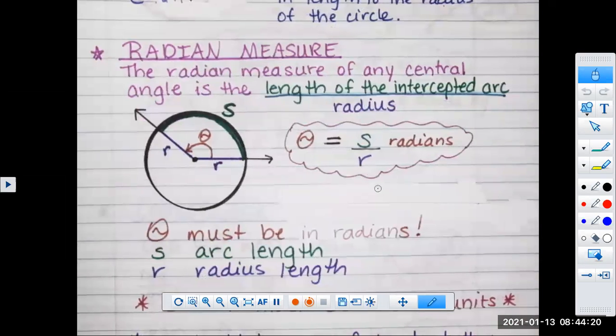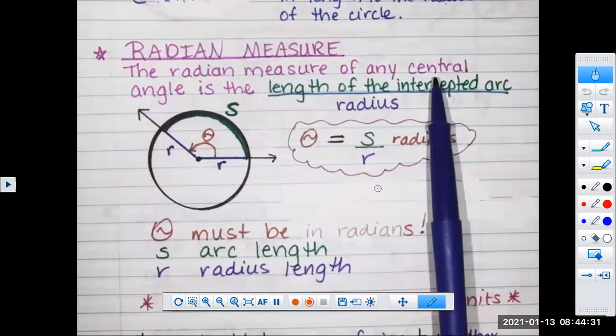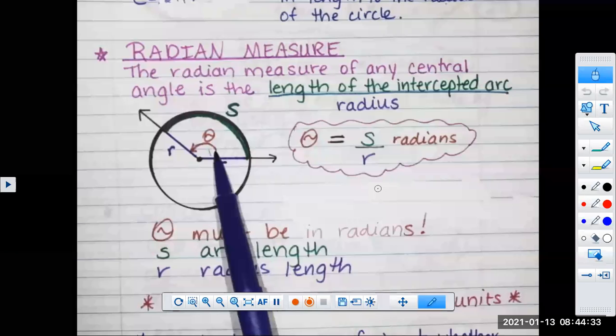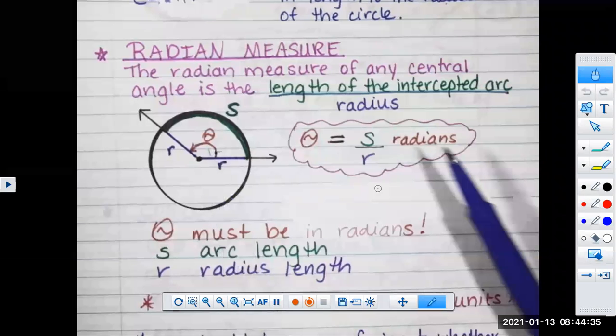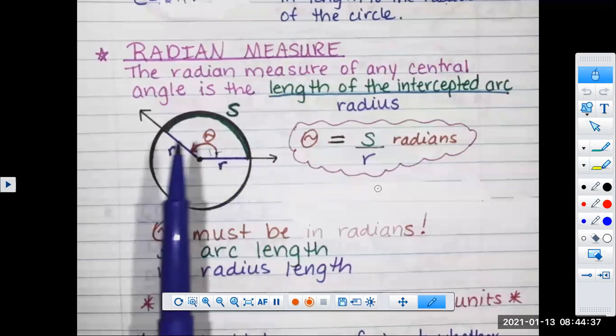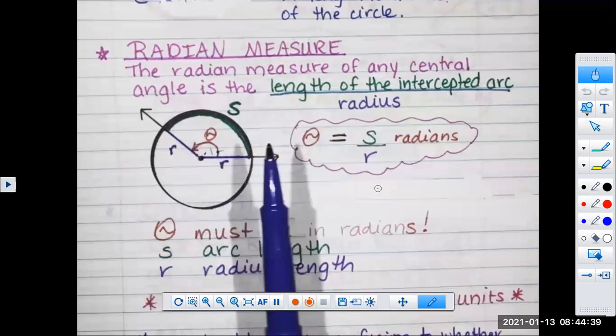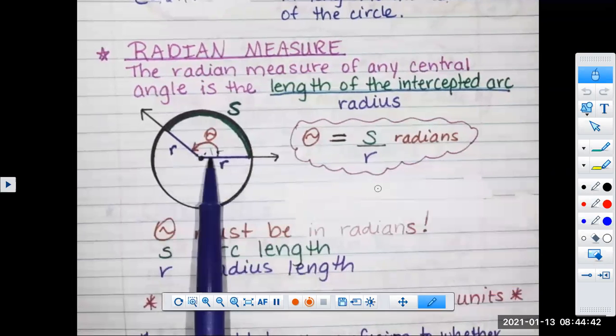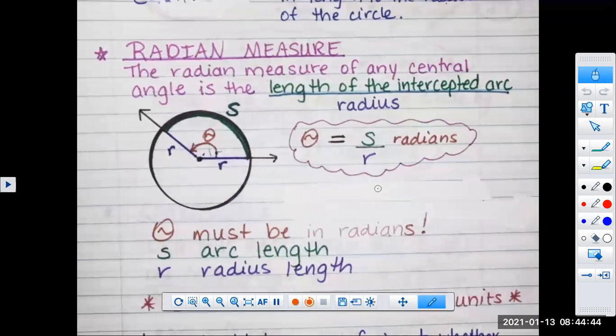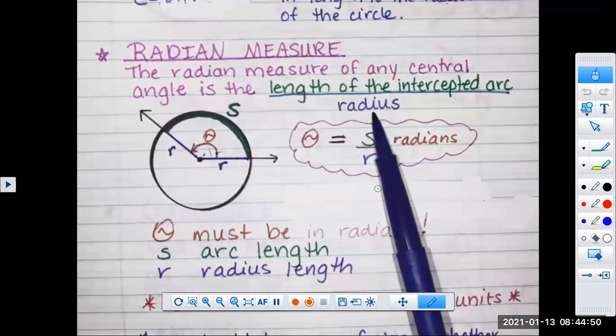So how you can get the radian measure of any angle, whether you leave it in terms of pi or in decimal form: the radian measure of any central angle theta is obtained by taking the length of the arc that central angle intercepts and dividing it by the radius length of your circle. So radian measure is the length of the intercepted arc divided by the radius.